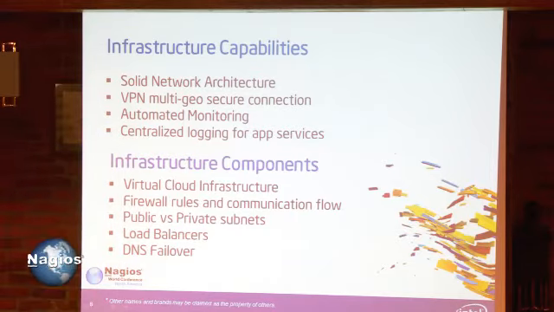The components are basically a virtual private cloud, firewall rules, and public and private subnets for the services. Basically, I will show you in a diagram later. Load balancers and DNS failover in order to automate the whole deployment and ensure 99.99% availability.